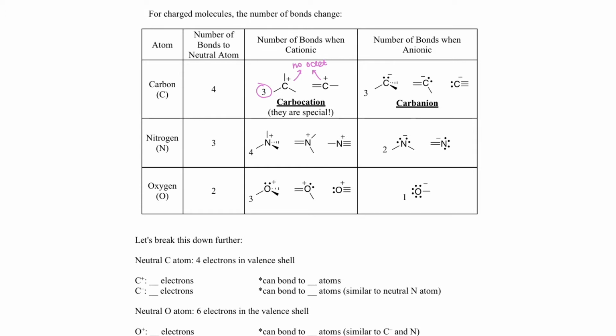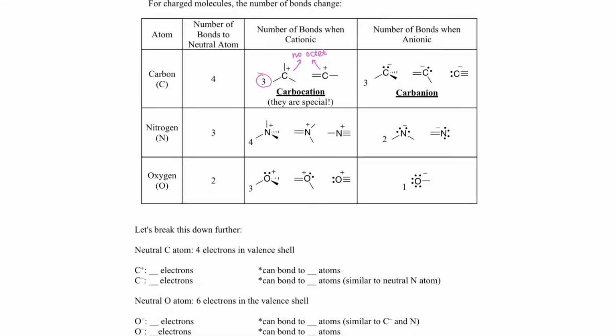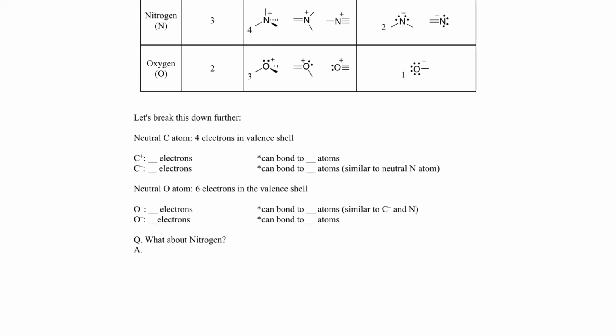So let's take some time and understand this table. Let's break it down. We know that with a neutral carbon atom, it has 4 electrons in its valence shell. With the carbocation, C+, it has 3 valence electrons, right? We're removing 1 electron. And with the carbanion, it's going to have 5 valence electrons because we're adding 1 electron.